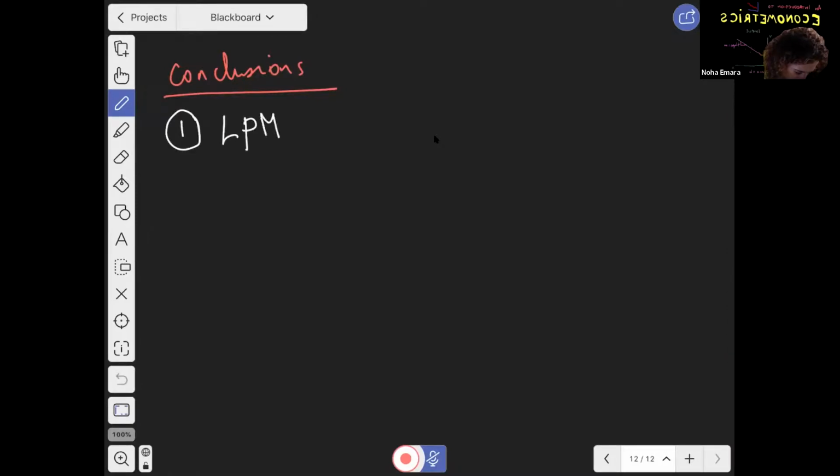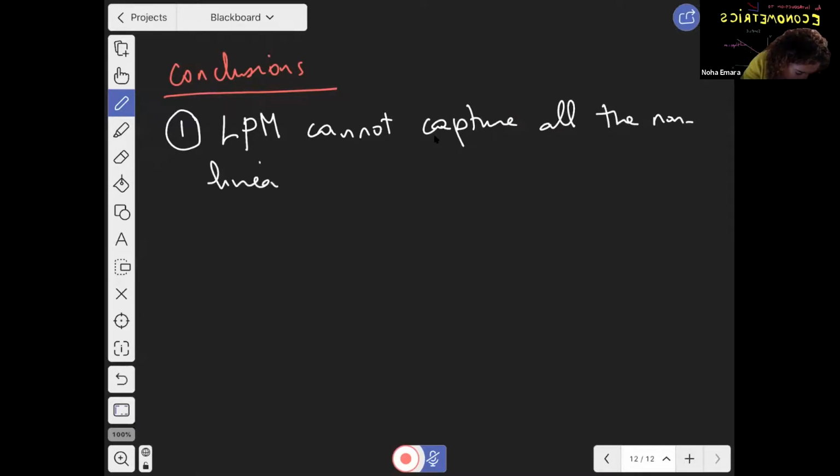So LPM cannot capture all the non-linear nature of the y or of the true population parameter.